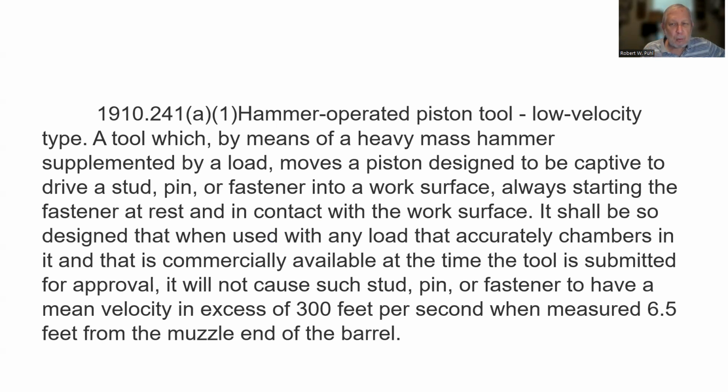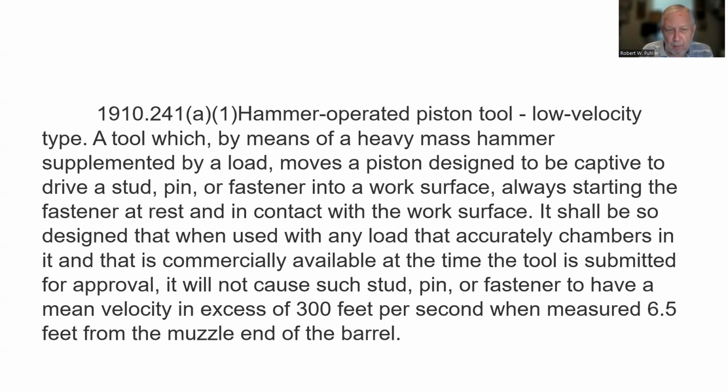Hammer operated piston tool, low velocity type, a tool which by means of a heavy mass hammer supplemented by a load moves a piston designed to be captive to drive a stud, pin, or fastener into a work surface, always starting the fastener at rest and in contact with the work surface.